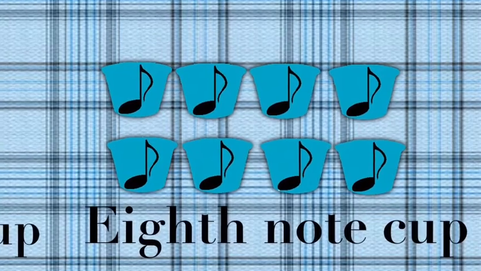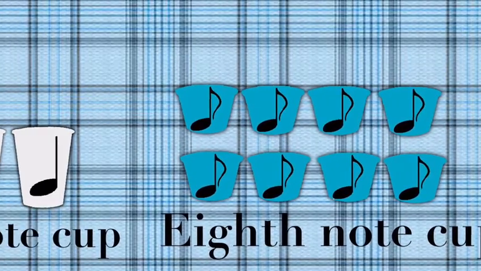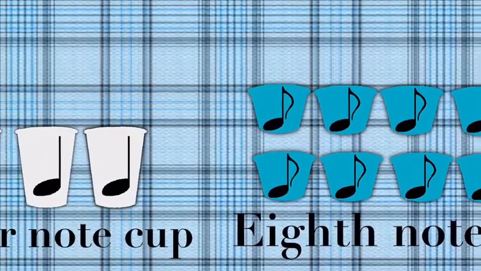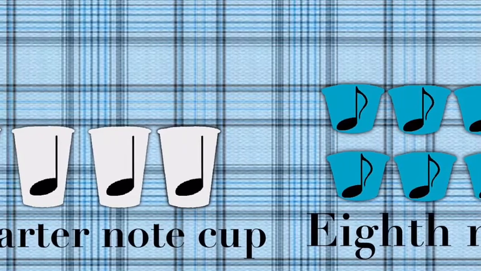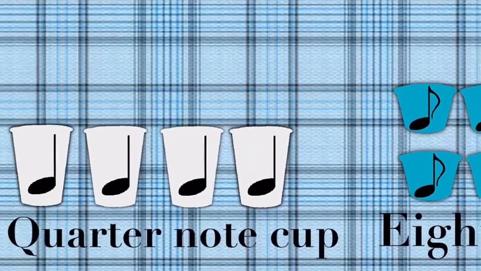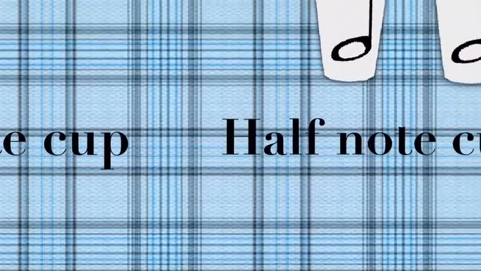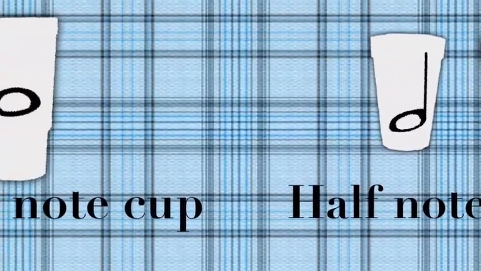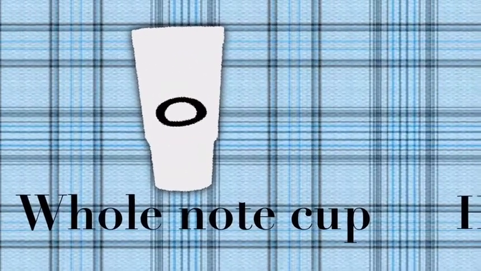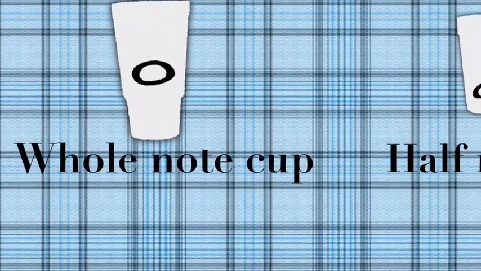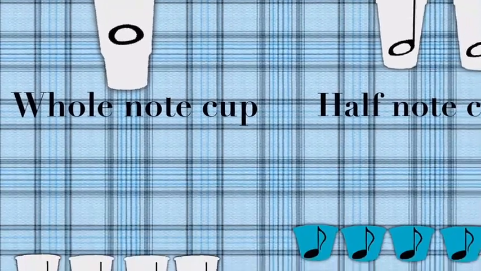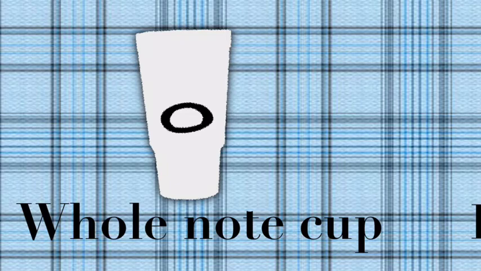And those 8 cups hold just as much water as the 4 bigger cups. All those 8 cups hold just as much water as the 2 half note cups and just as much water as a whole note cup. So all of these can hold the same exact amount of water, 4 beats worth. The whole note only needs 1 cup because it holds 4 beats in 1 cup.